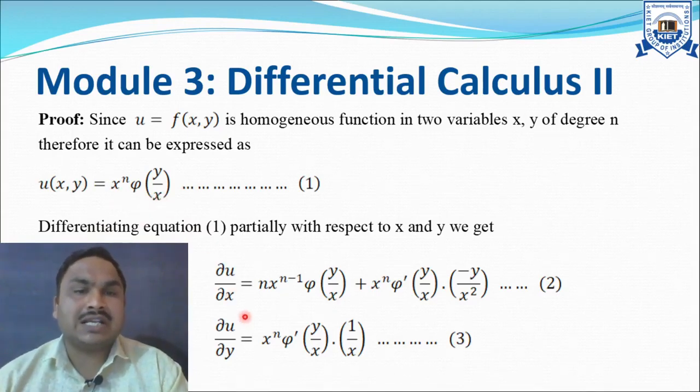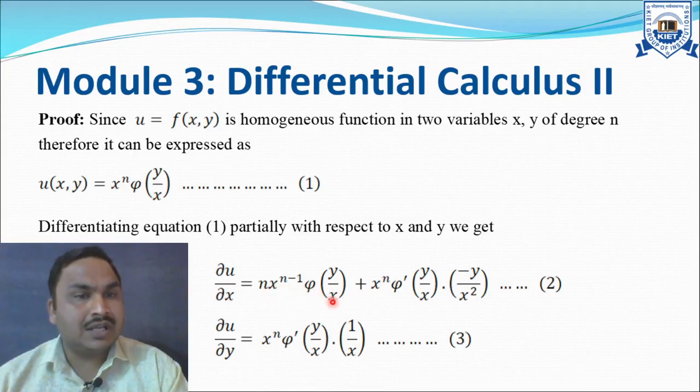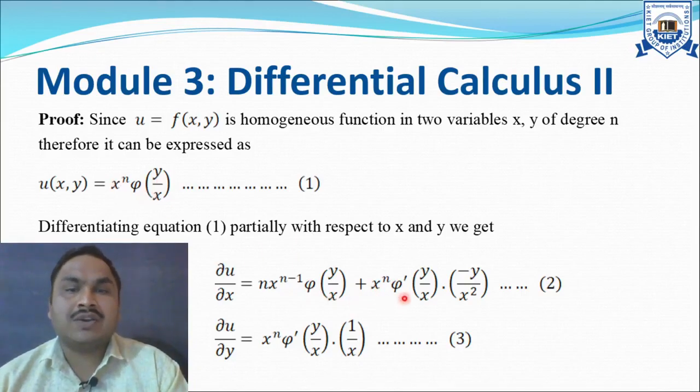So ∂u/∂x becomes, if we differentiate x raised to the power n, we get n x raised to the power n minus 1, while phi of y over x is kept as such. In the second term, x raised to the power n is kept as such. If we differentiate phi with respect to x, we get phi dash of y over x, and then the derivative of y over x with respect to x will be minus y upon x square.